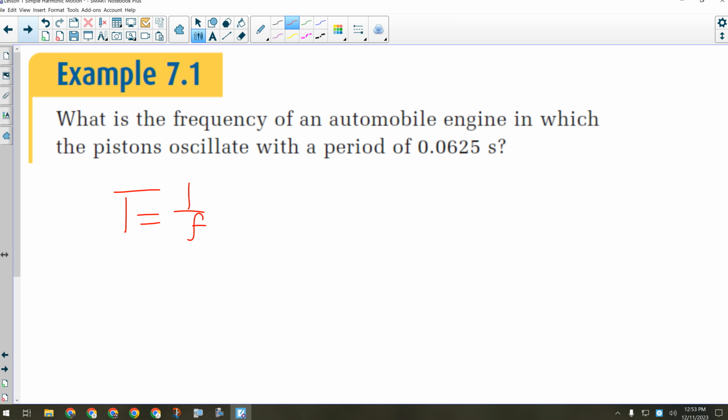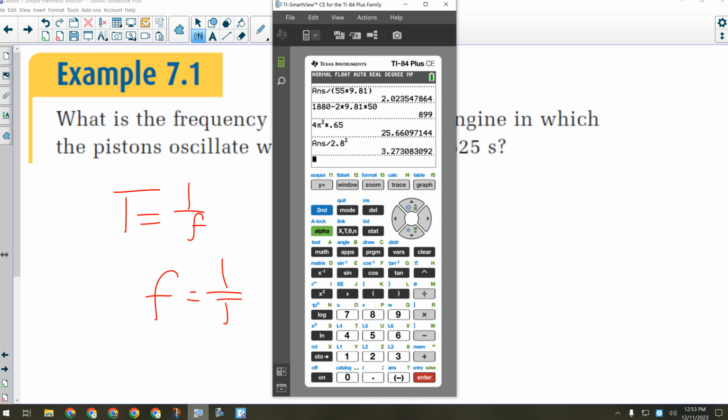T is 1 over F, so F is 1 over T. So if I go 1 over 0.0625, 16 hertz. That means an automobile engine revving at that rate, the piston goes up and down 16 times per second. Everybody all right with that?